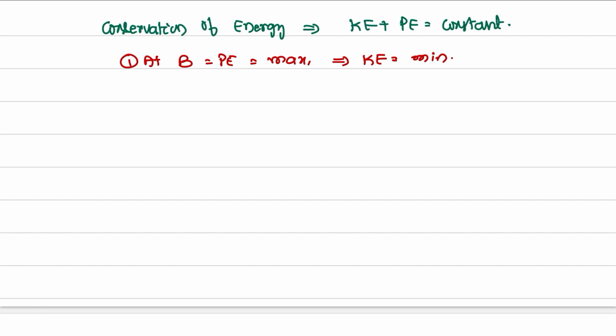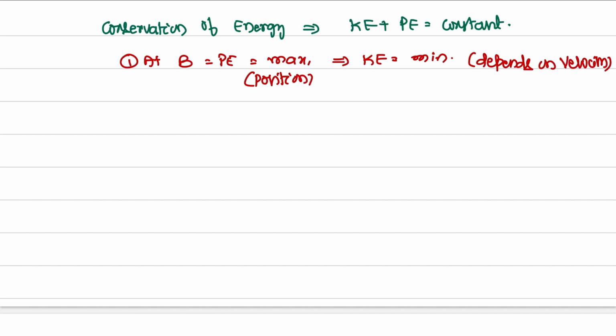If it is at rest at B, then kinetic energy is 0 also, because kinetic energy depends upon velocity. Potential energy depends on position. Change in velocity, change in position.